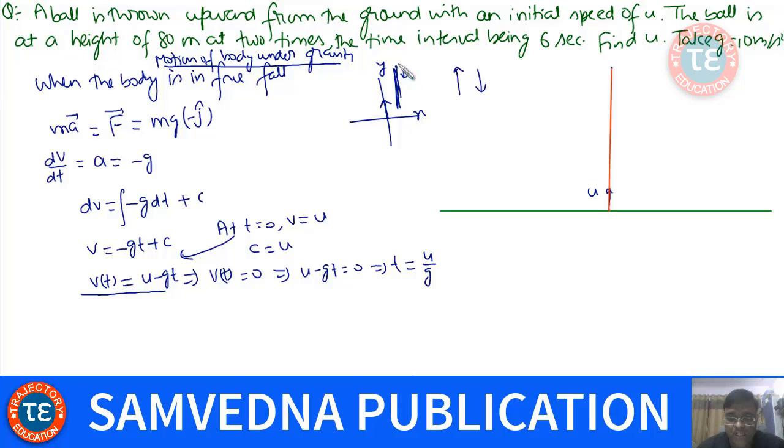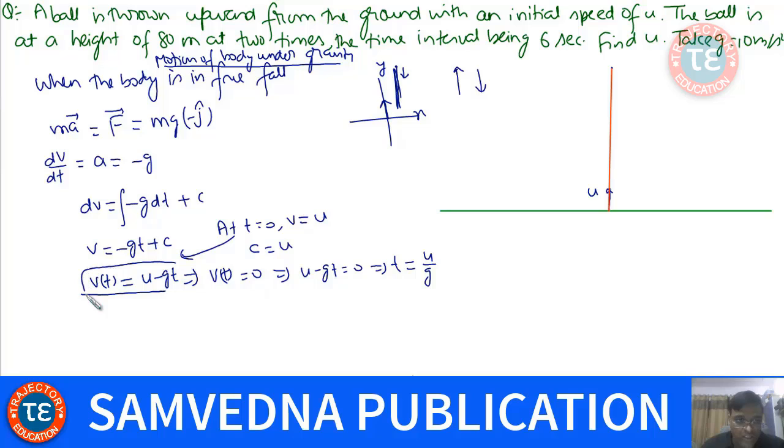So that is the time at which the body reaches maximum height. After this time, the velocity of body in upward direction will be 0, and now it will start its downward journey. So at time t equal to u by g, it will reach its maximum height.